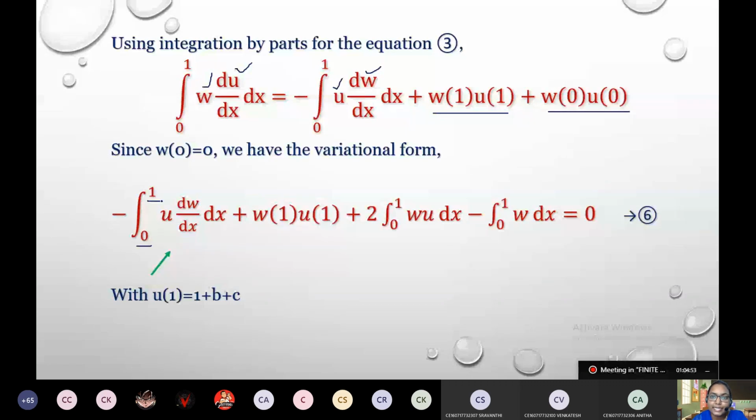So when we do the integration and substitute the limits, it will become u of 0 and u of 1. Same for W also: here W, u of 1, u of 0, W of 0, W of 1. So these limits are taken into account, at that point where you substitute. So we have these values already.